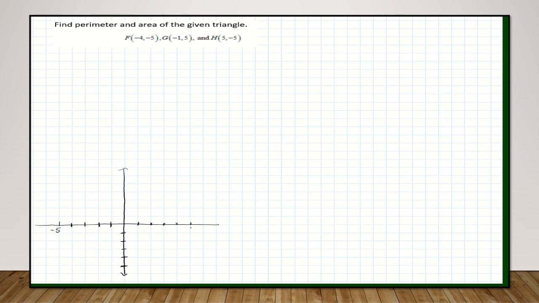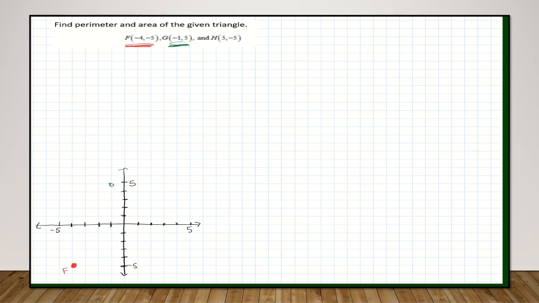And the reason why I'm going to do that is because sometimes we can get information that we need to find the perimeter and the area if we have the shape on a coordinate plane. So this is what we're going to do. Let's go ahead and plot our 3 points in this coordinate plane. Especially when you're finding the area, you can get all the information from the picture.